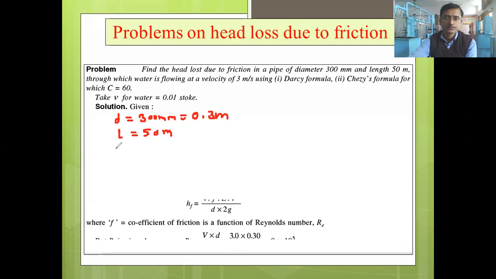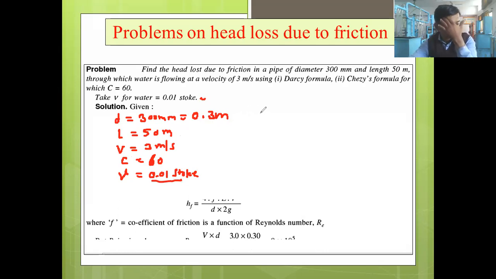Then velocity, which is the average velocity, 3 meter per second, and C is equal to 60. Then nu is equal to 0.01 stoke. Nu is not required anywhere, but they have given it. Sometimes they give data which is not required, to confuse the students. Now let us first use the formula.